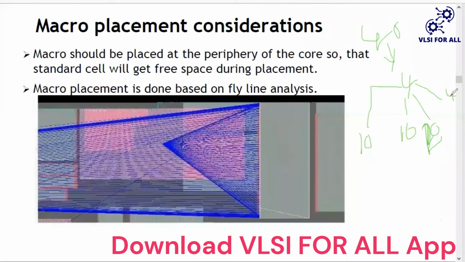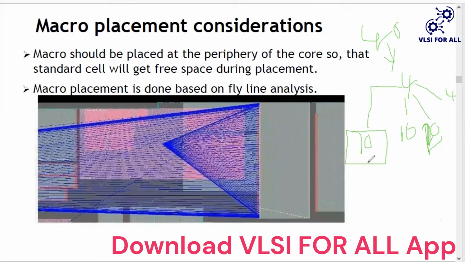Periphery of the design means, for the one group of 10 macros, these macros need to be placed one macro behind another macro. One group means multiple connections are there. We need to cross verify the periphery and the connections of the macro groups.